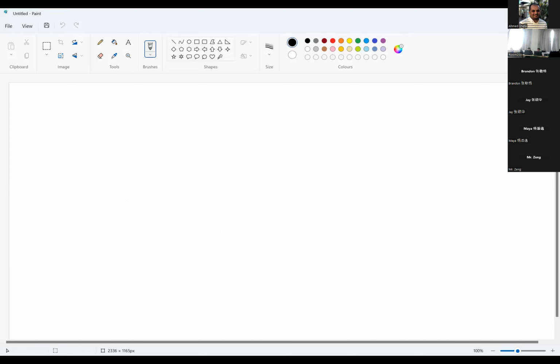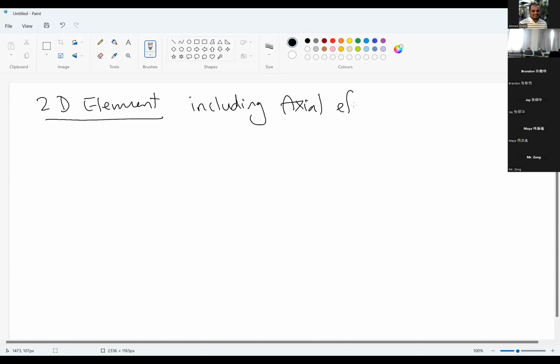Okay, so for a 2D element including axial effect, this will be our element.